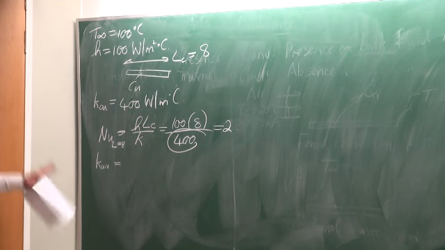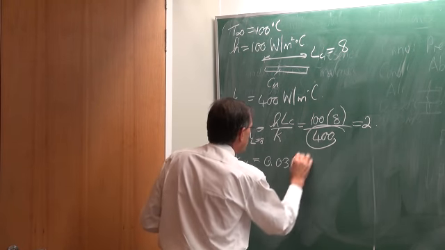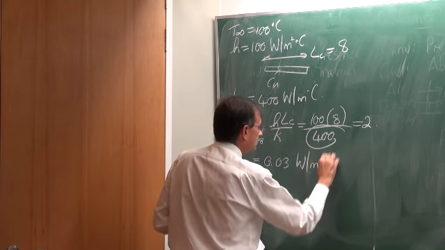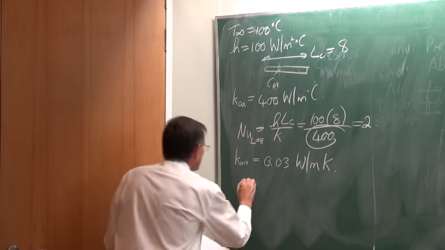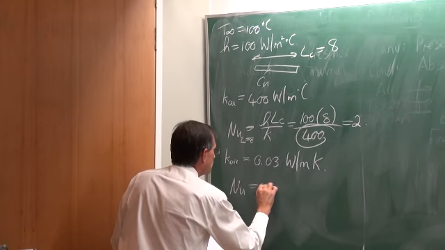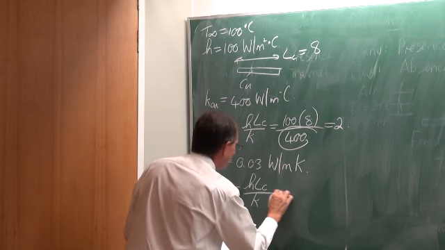The k of the air typically would be equal to 0.03 watts per meter Kelvin. And look at the difference it's obviously going to make. So now the Nusselt number is equal to the heat transfer coefficient multiplied by the characteristic length divided by k.